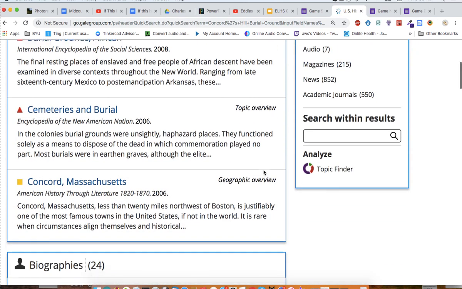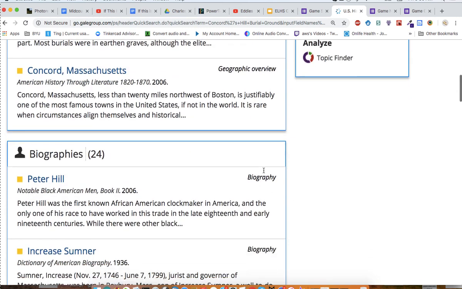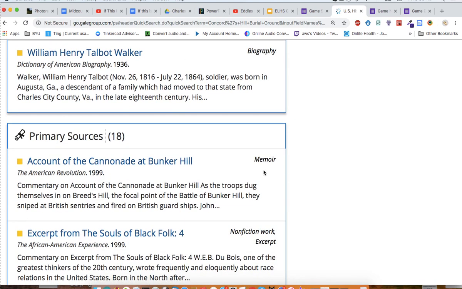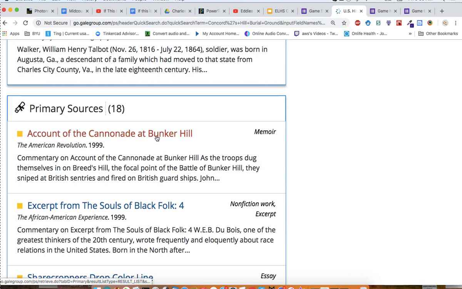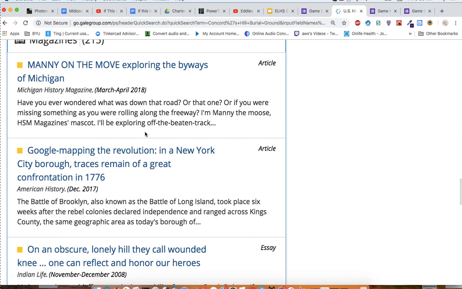Cemeteries in Concord, Massachusetts. Well, we've seen that. Burial ground. Cannonade at Bunker Hill. And this is a 1999. Looks like they might have referenced that there.